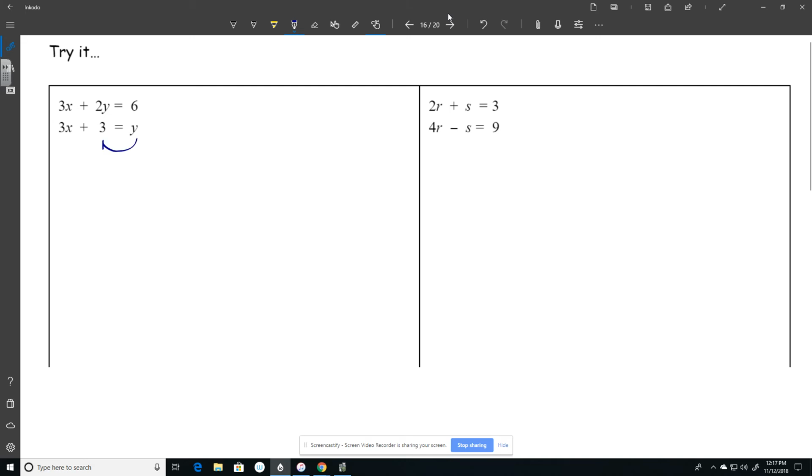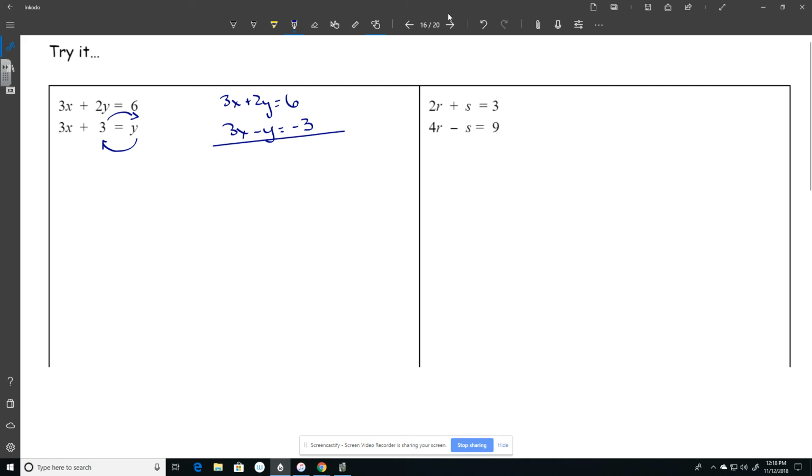So I'm going to move the y over here, and I'm going to move the 3 to this side. So I'm going to have 3x plus 2y equals 6 on top. When I move this plus 3 to the other side, it becomes minus 3. And when I move this y to this side, it becomes a minus y. And I still have my 3x.